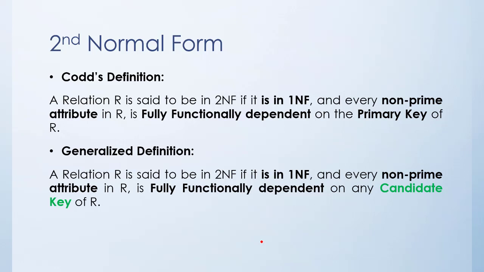So the generalized definition of 2NF says that a relation R is said to be in 2NF if it is in 1NF like previously, and every non-prime attribute in R is fully functionally dependent on any candidate key of R. So here the general definition replaces the term primary key with candidate key.